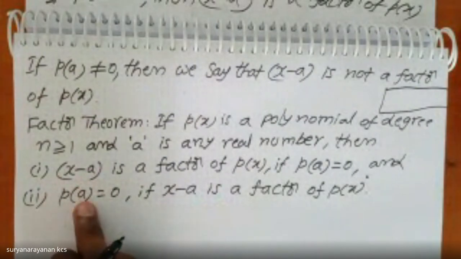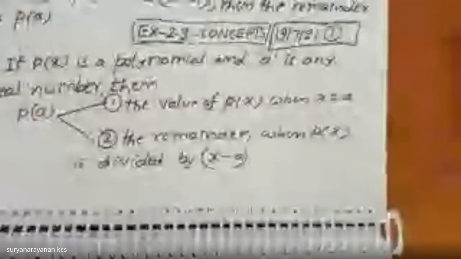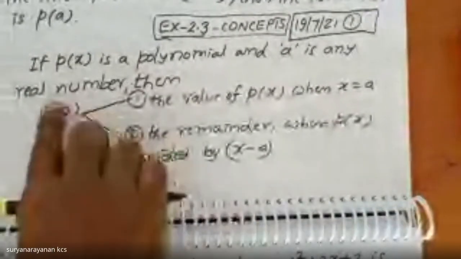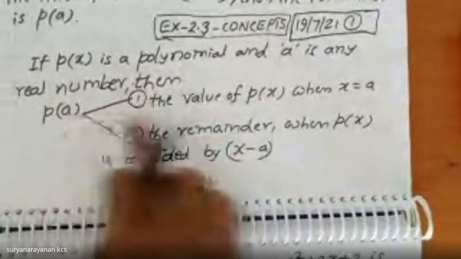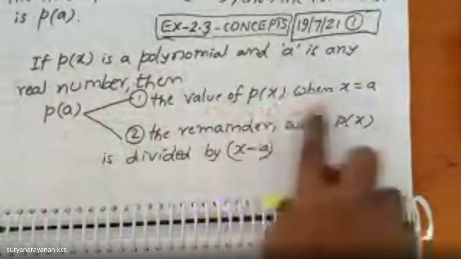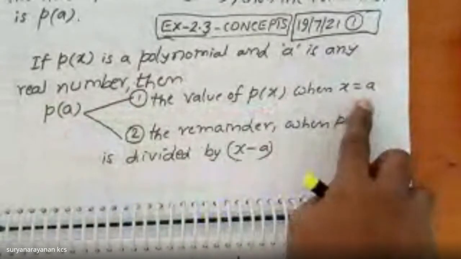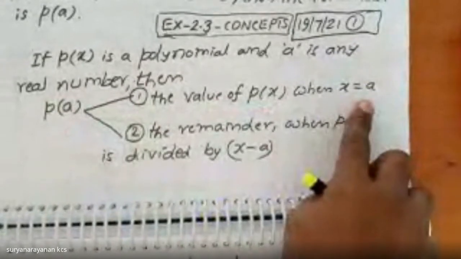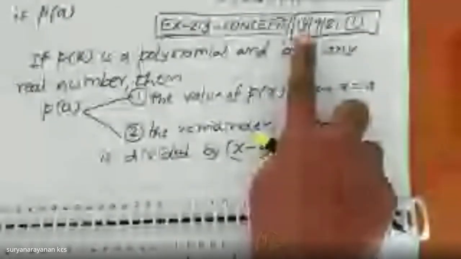Throughout this chapter, polynomials, there are two meanings. Do you remember that point here? I wrote here clearly, P of A has two meanings. What is the first meaning? The value of P of x when x is equal to A. Previous class, 19th of this month.